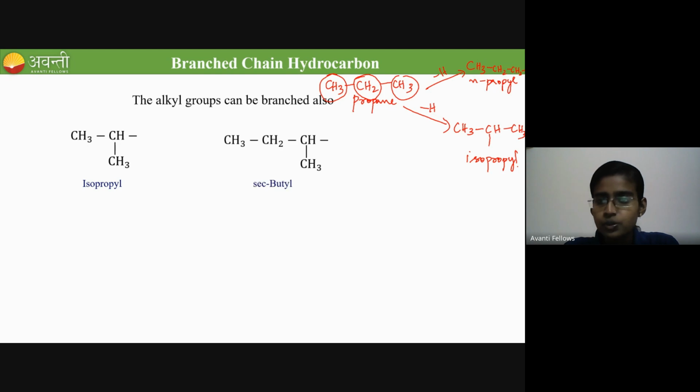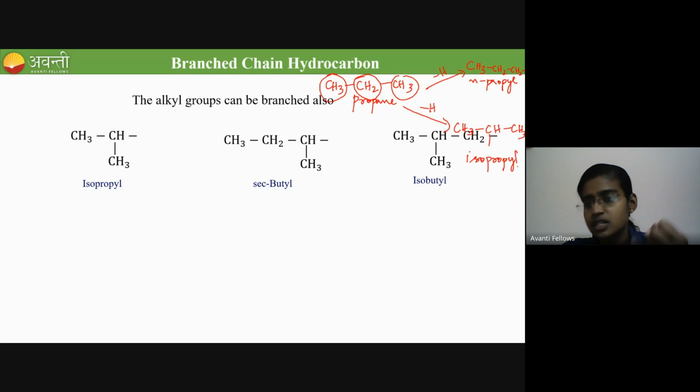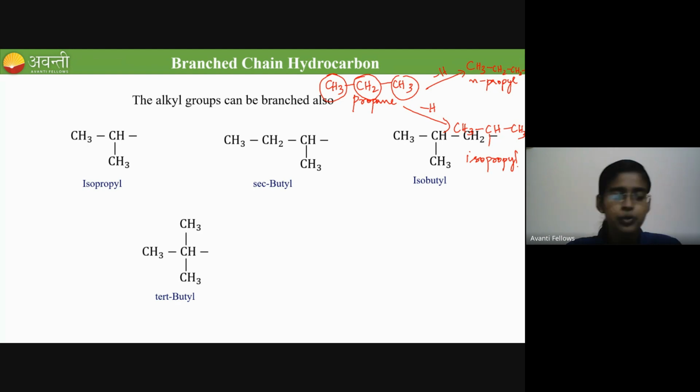Coming to the 4 carbon system, which is butane, we can produce 4 different alkyl groups. You can see it on the screen. One is secondary butyl, another is isobutyl, and another is tertiary butyl. The fourth one is N-butyl. Actually, N-butyl comes first, right? So I'll tell you. What is the formula for butane?